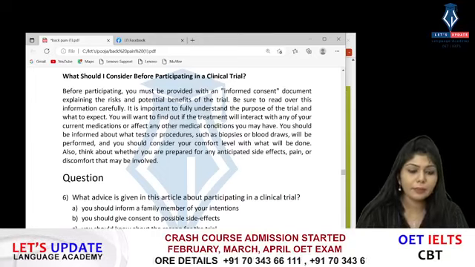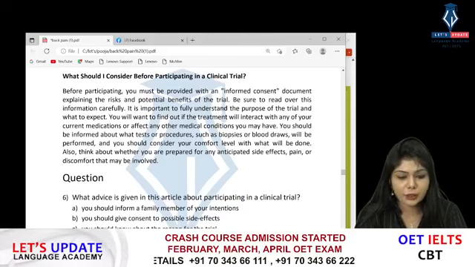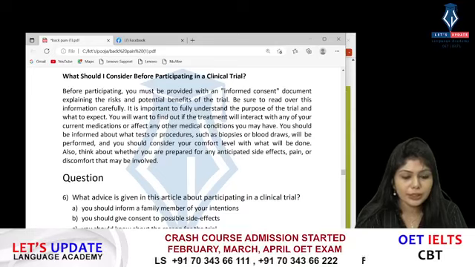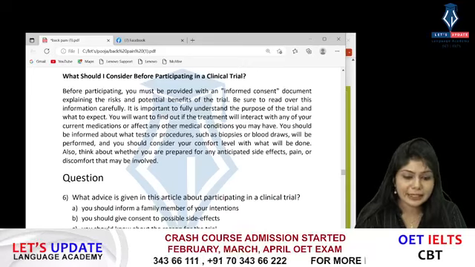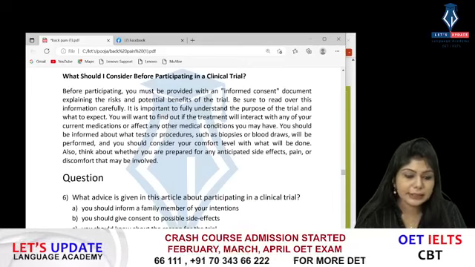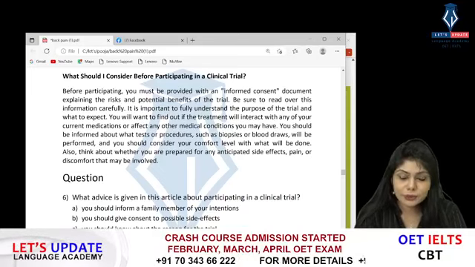You should be informed about what tests or procedures, such as biopsies or blood draws, will be performed, and you should consider your comfort level with what will be done. Also, think about whether you're prepared for any anticipated side effects, pain, or discomfort that may be involved. So, that was what the extract was about.